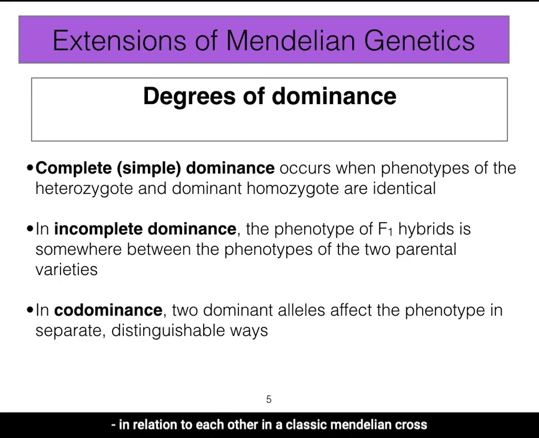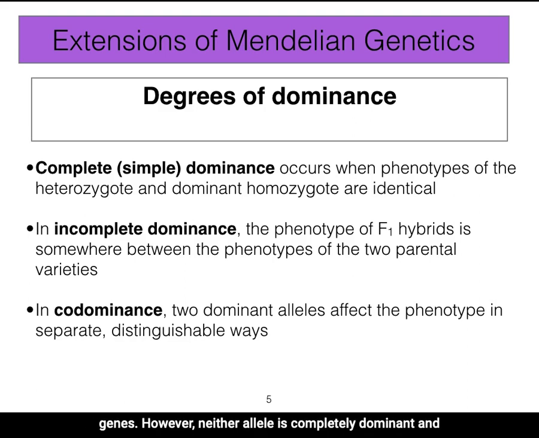In a classic Mendelian cross, the P generation results in the F1 generation, and the F1 offspring always look like one of the two parental varieties because one allele shows complete dominance over the other allele. In such situations, the phenotype of the heterozygote and the dominant homozygote are indistinguishable.